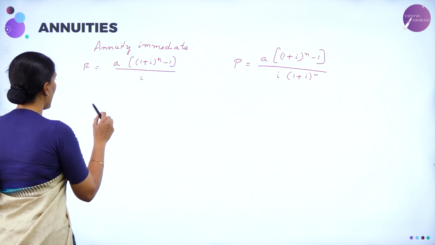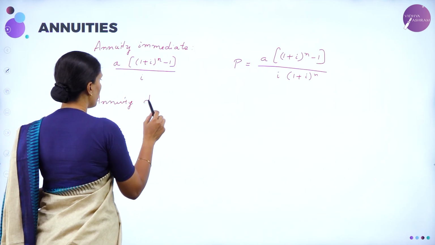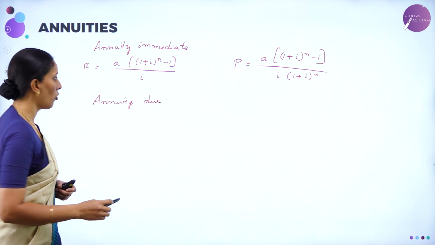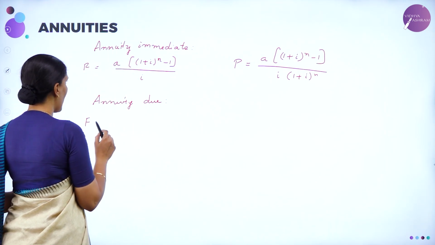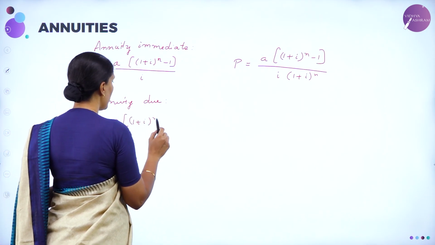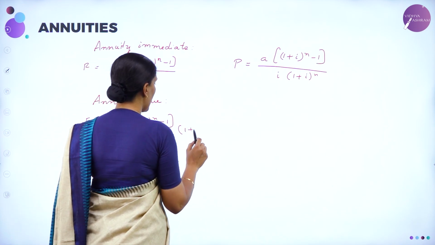Next we talk about the annuity due. Annuity due means it is the equal installment paid at the beginning of the year. So here the future value is given by A into (1 plus I) whole to the power n minus 1 divided by I into (1 plus I).